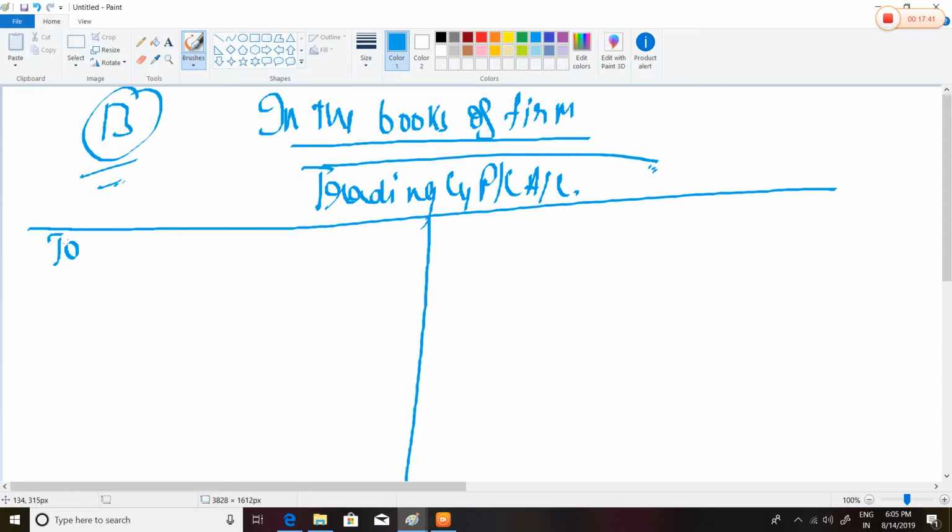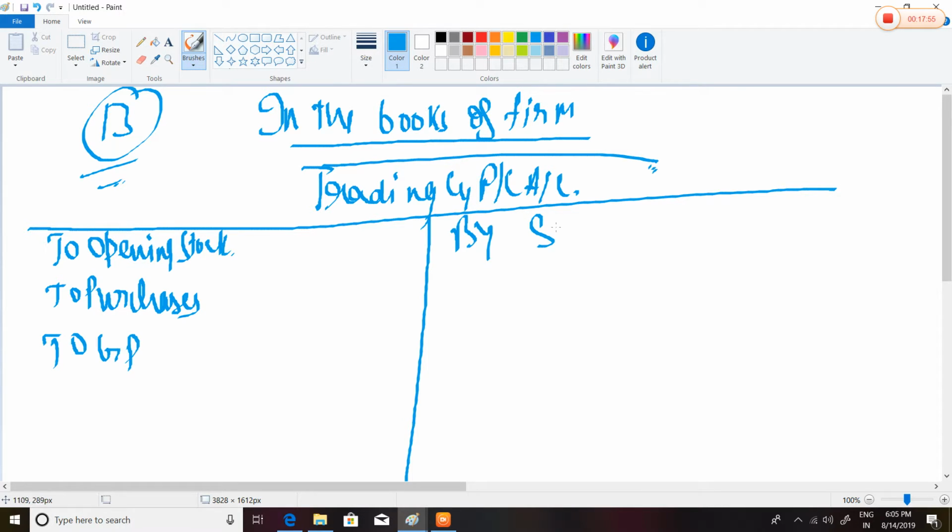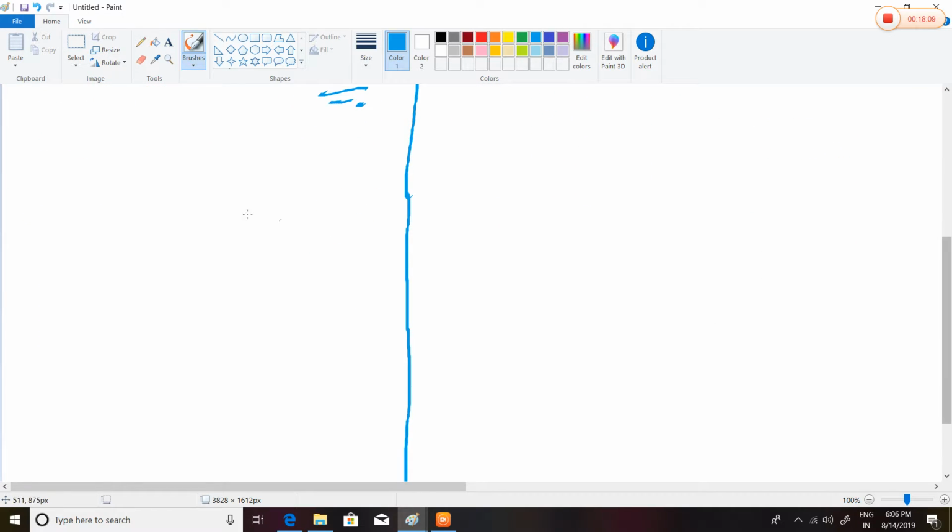To opening stock, to purchases, to gross profit, and by sales or by closing stock. We are given the closing stock 65,000 here. Next one is to office expenses 42,000 and to salaries 32,000.